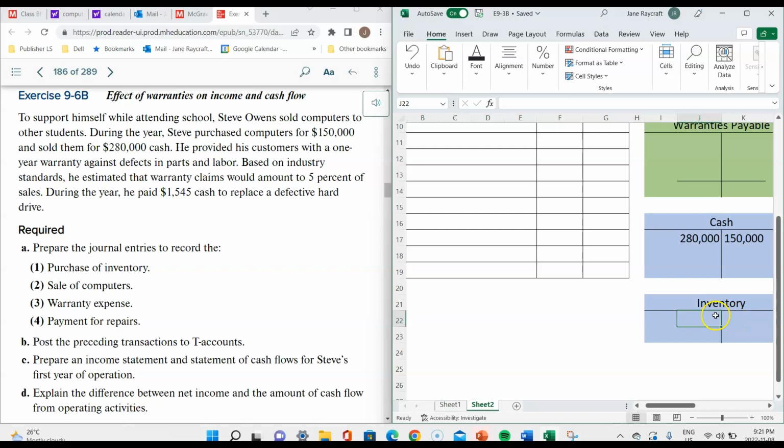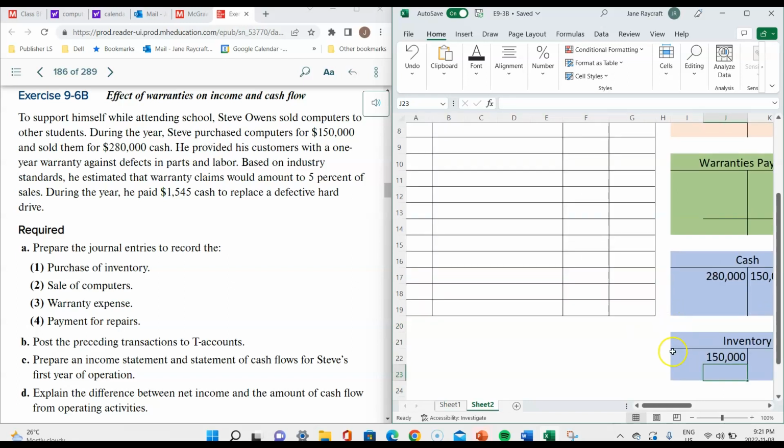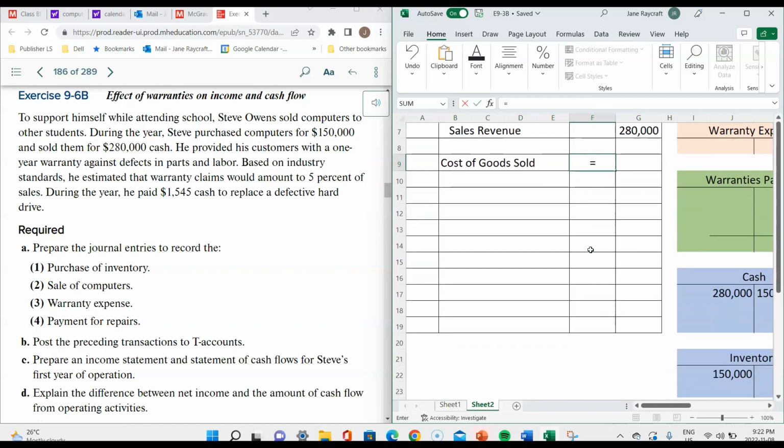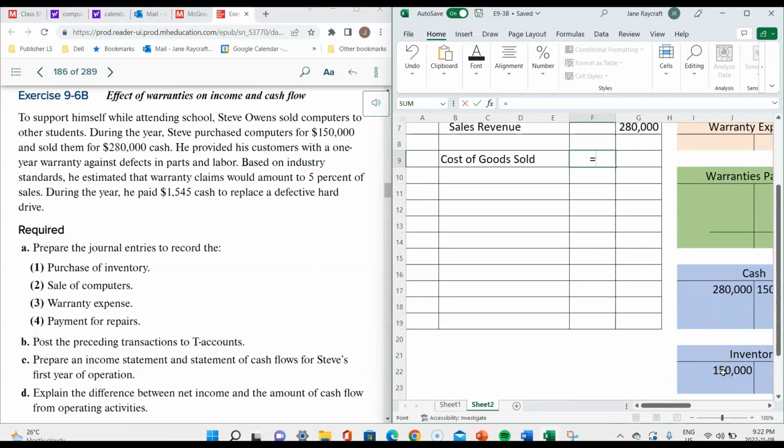Now, oops, I forgot to post my purchase. So that's the purchase of inventory. Now we've got to sell that inventory. It's going out the door with our customers. So I will need to debit my cost of goods sold for the cost of all those computers. So all those computers cost me $150,000 to buy, and my inventory is now going down with a credit.